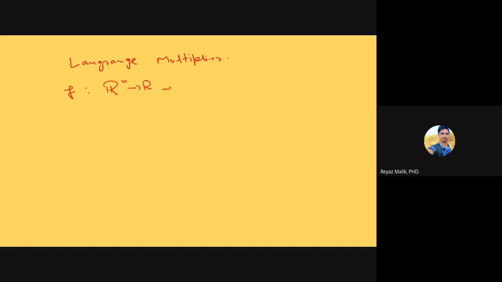So there will be some optimization problem, because we use the Lagrangian multiplier only when we have an optimization problem with respect to constraints. We minimize or maximize some function.